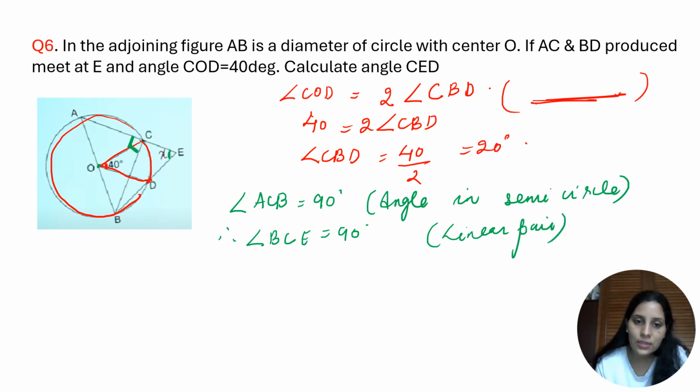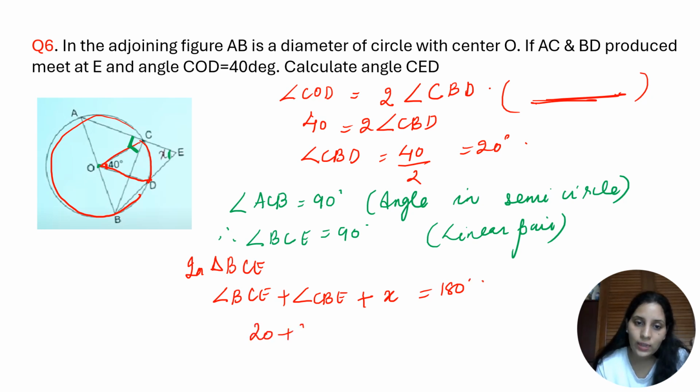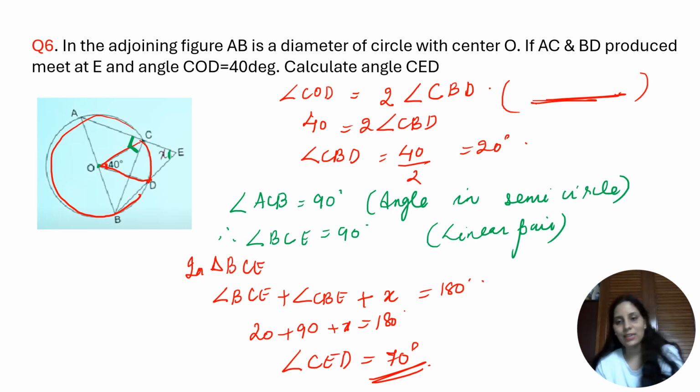So if I consider this triangle BCE, I have two angles already found. The third one can be calculated by angle sum property. So angle BCE plus angle CBE plus X is equal to 180 degrees. So 20 plus 90 plus X is 180. So from this I get CED is equal to 180 minus 110, that is 70 degrees. I hope this is clear.